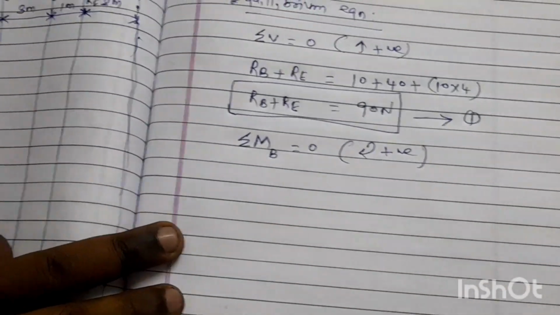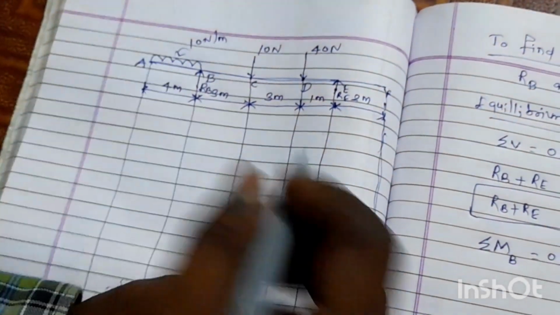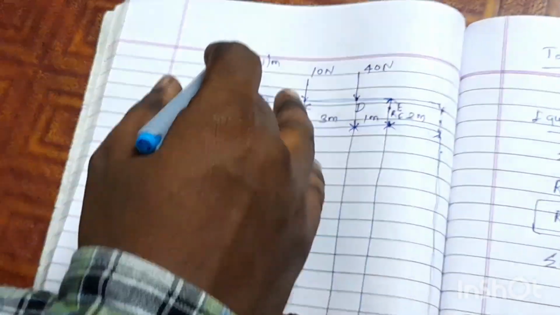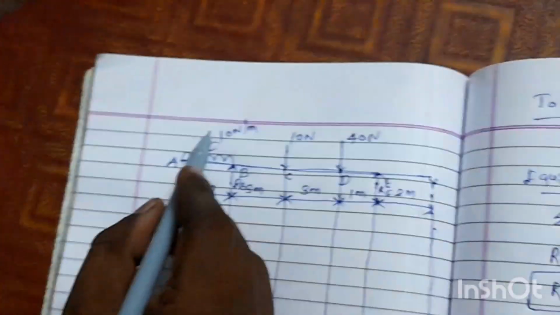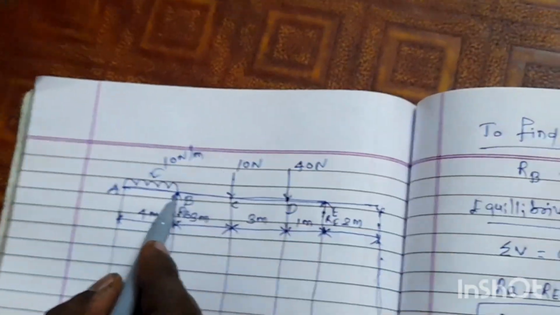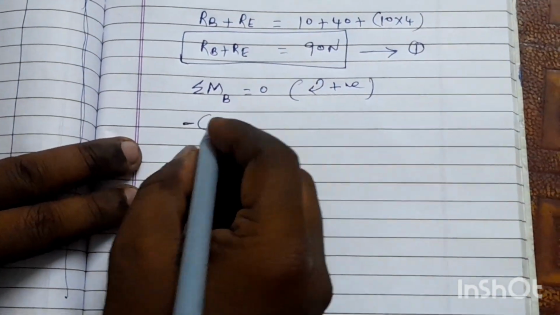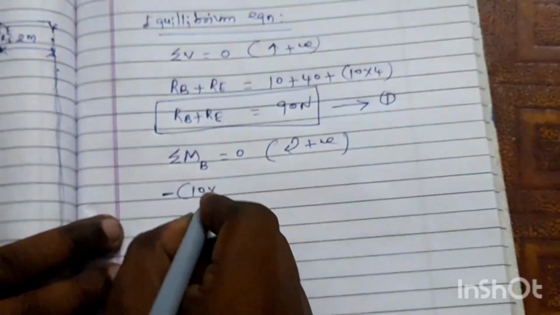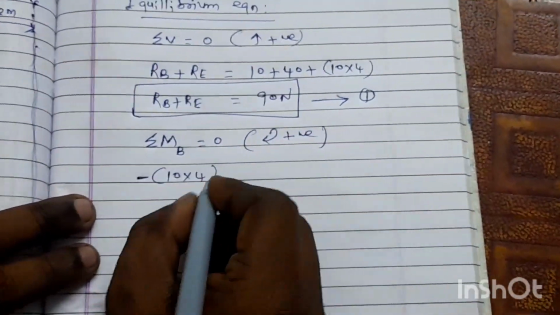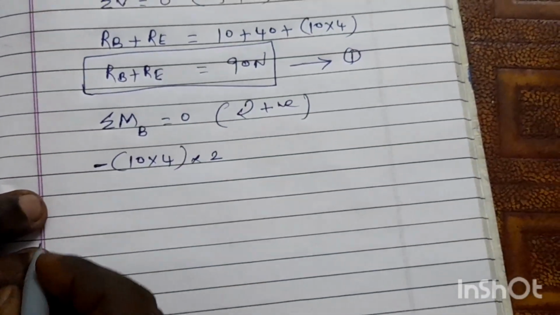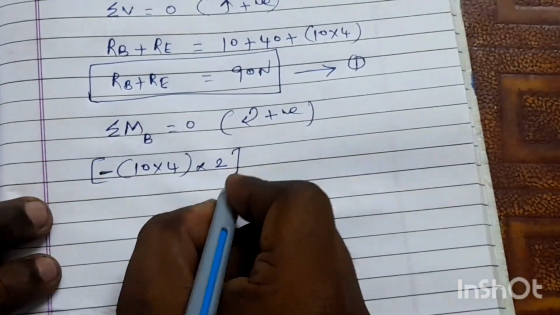Now let's take from this position. This is a downward load and it acts downward and approaches the point B as anticlockwise, so it is a negative load. So 10 into 4 into, half of the distance, let's take 2. This is the first one.